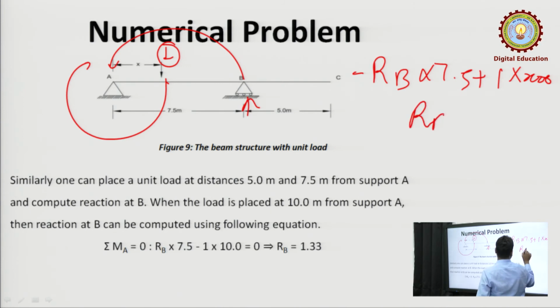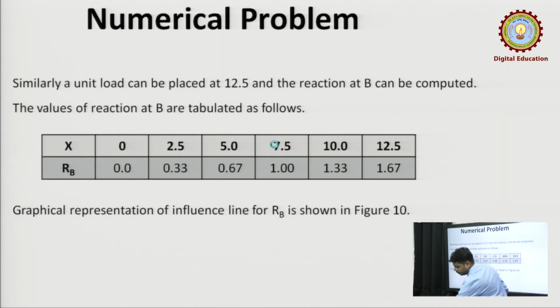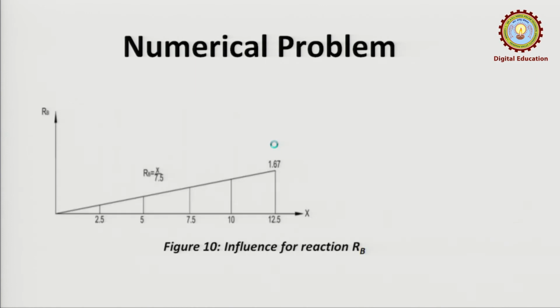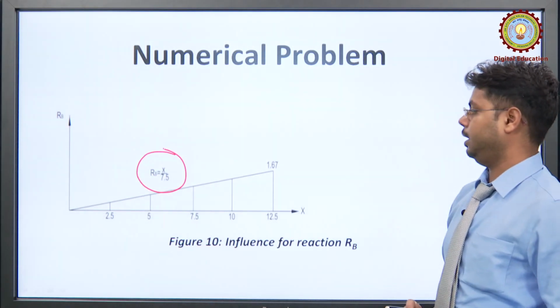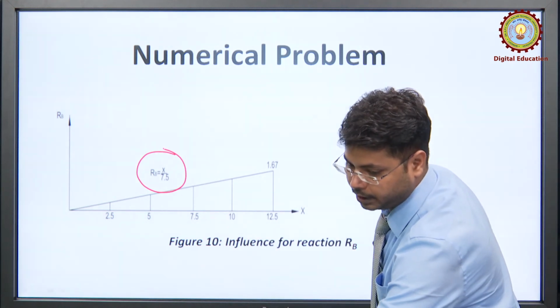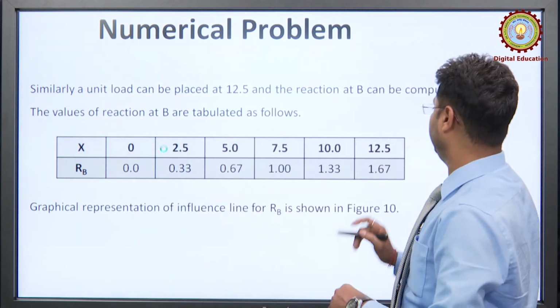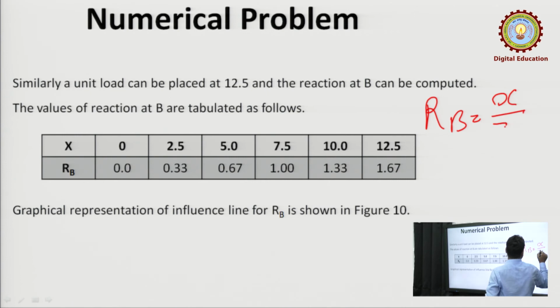What will the equation come to here? The equation is x upon 7.5. You can easily see that the value of RB is x upon 7.5. Now, this value RB is equal to x by 7.5.